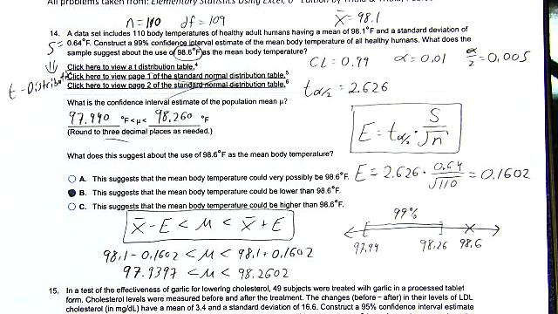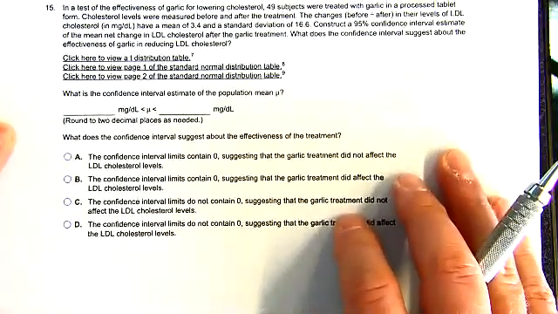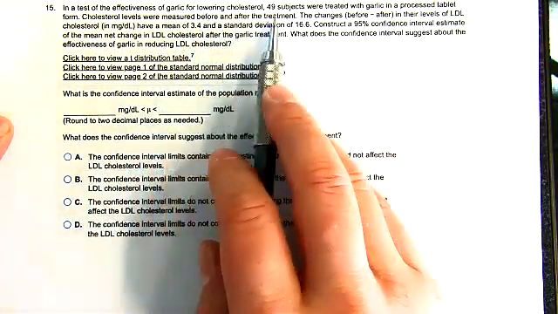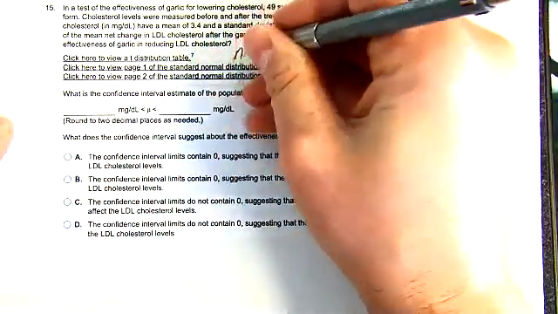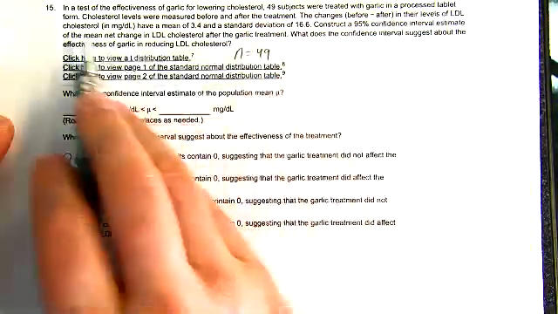Let's try another one just so we can make sure we got this. So if we look at 15. In a test of the effectiveness of garlic for lowering cholesterol, 49 subjects, so N is 49, were treated with garlic in a processed tablet form.